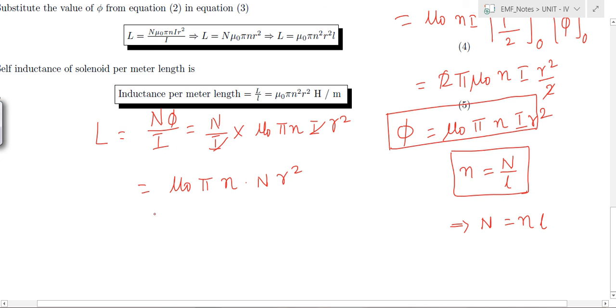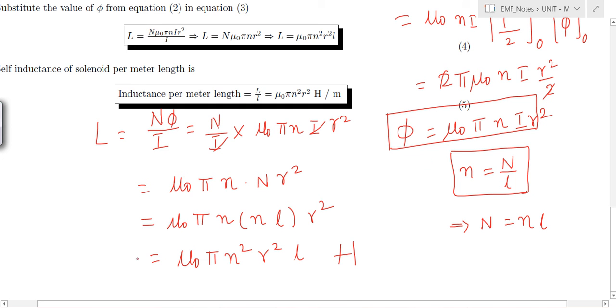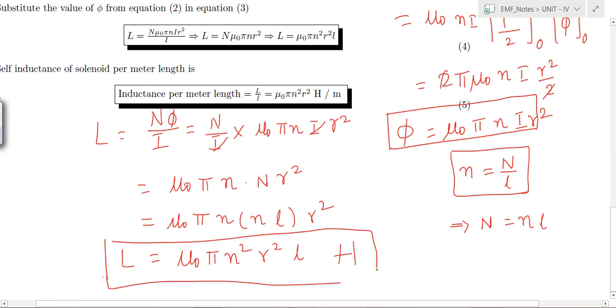By doing so, what we get is mu naught pi n small n into L r square, which is equal to mu naught pi n square r square into L henries. You know that henries are the unit for inductance. This is the inductance of the solenoid having a length of L meters.